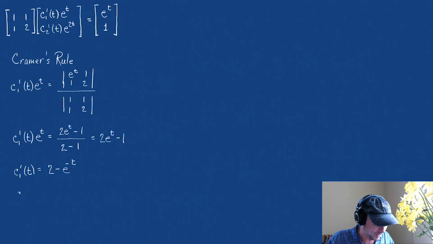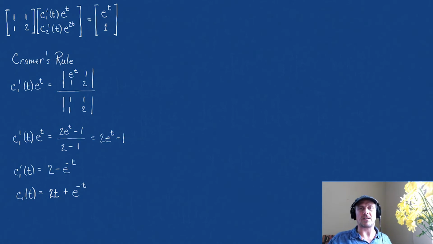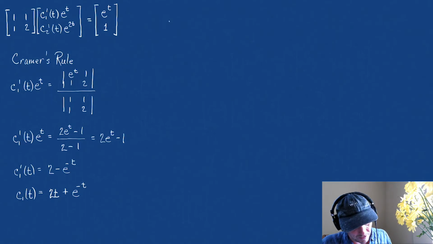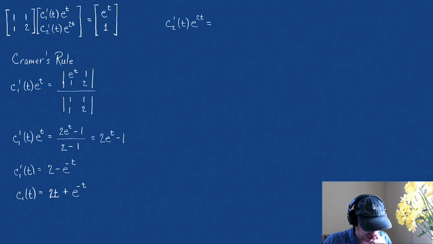And so I can say that c1 of t is 2t plus e to the minus t. We're just going to let our constant of integration be 0. And we can do this again. So now I can say that c2 prime of t times e to the 2t is equal to, again, to get our second one, we take the determinant of capital B2.